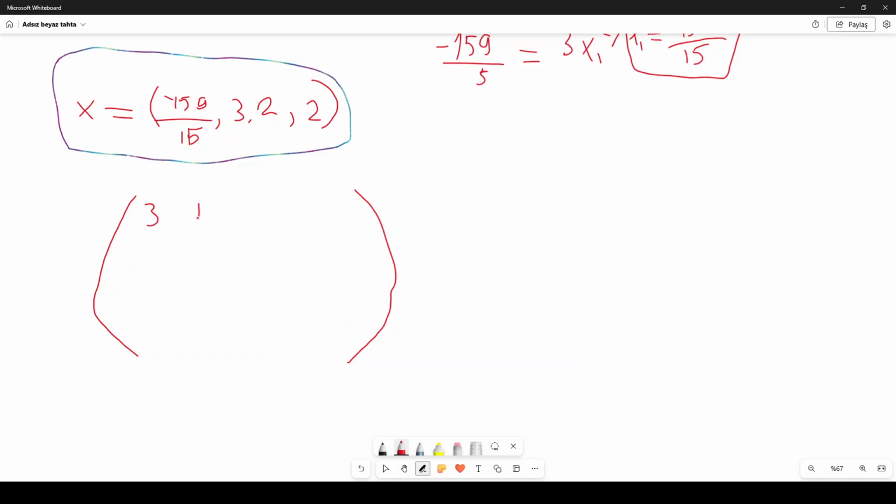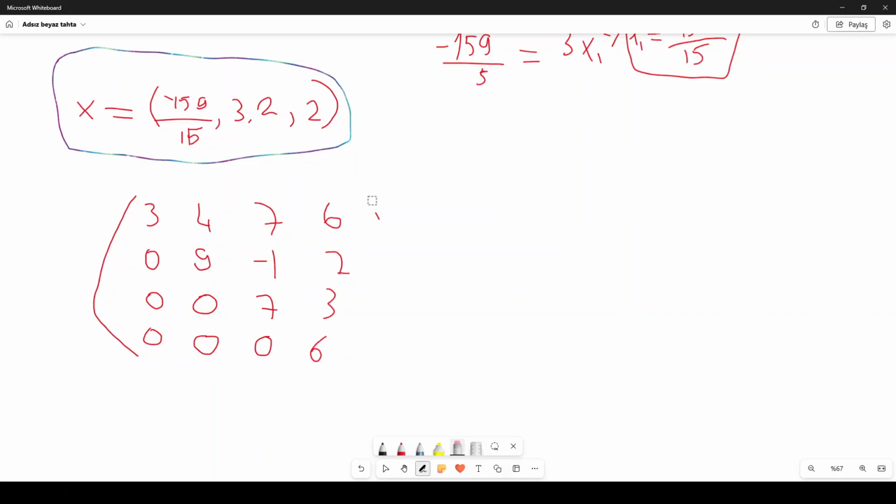And this is the matrix. And let's give the augmented matrix.